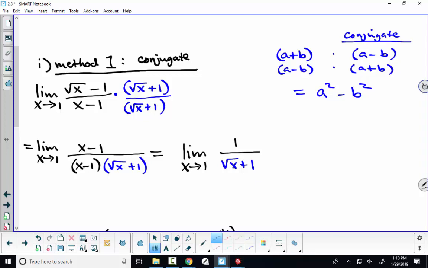Are there any questions on what we've done? So we can evaluate this limit directly now. What is this limit equal to? 1/2, yeah.